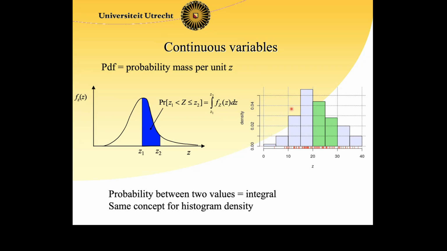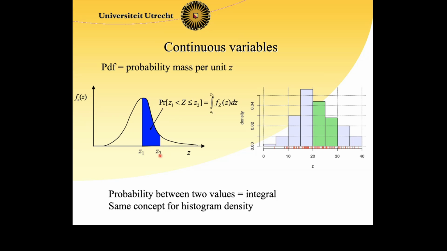Just like in the relative frequency distribution or density distribution directly estimated from the data, where we get the probability that it's between 20 and 30 by adding up the areas underneath the histogram values here, we can also compute the area underneath the density function to get the probability that Z is between Z1 and Z2.